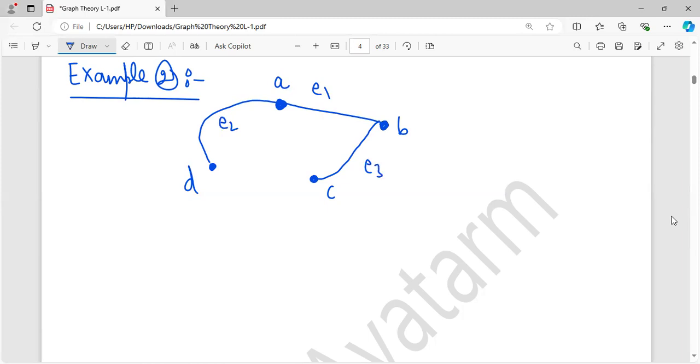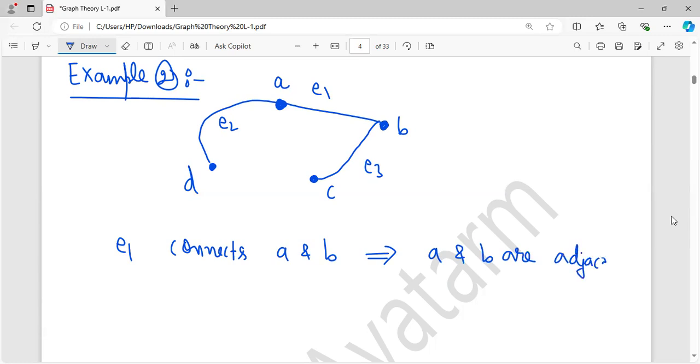So E1 connects A and C. So this implies A and C are adjacent. E2 connects A and D. So this implies A and D are adjacent.